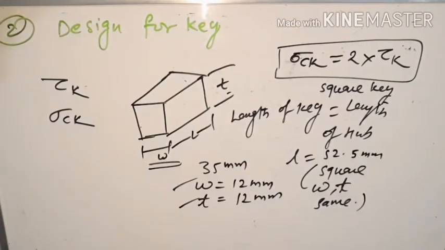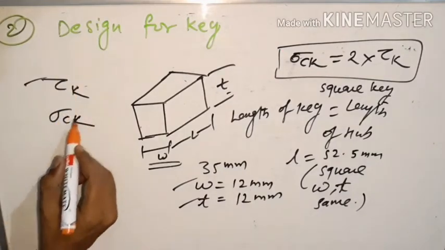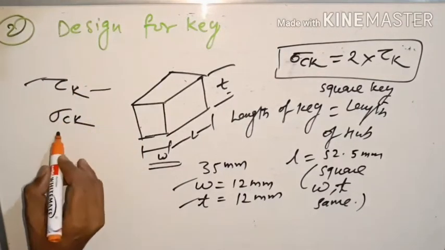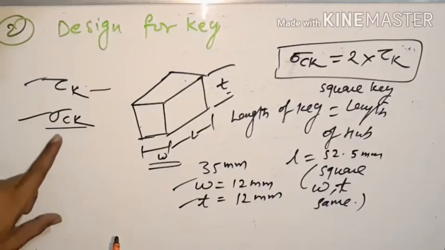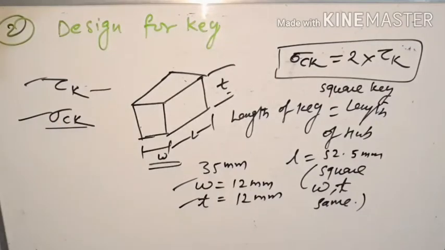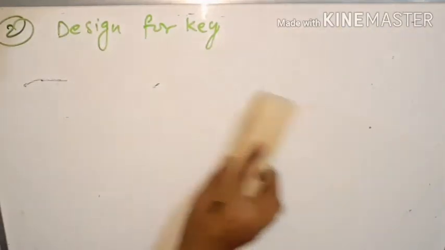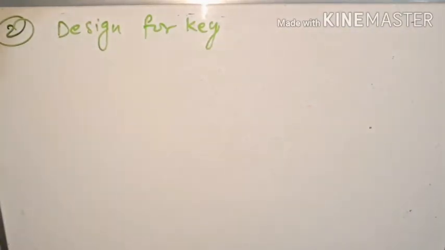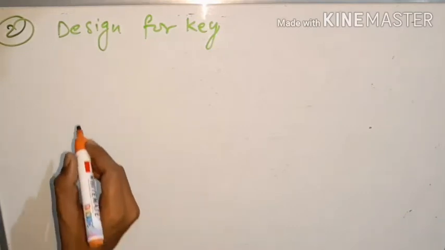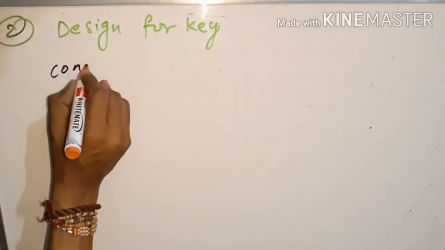We check from two equations, one considering the shearing and one considering the crushing. So right now we can check this. So first we need to consider the shearing of key.